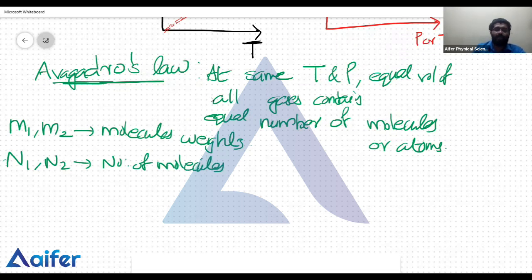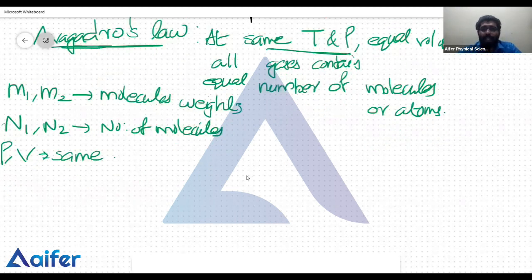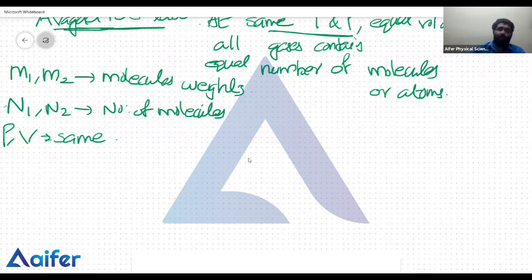Two different gases with different mass and different number of molecules, and we are keeping the same temperature and pressure, P and V the same. Now Avogadro's law says that they will contain an equal number of molecules.